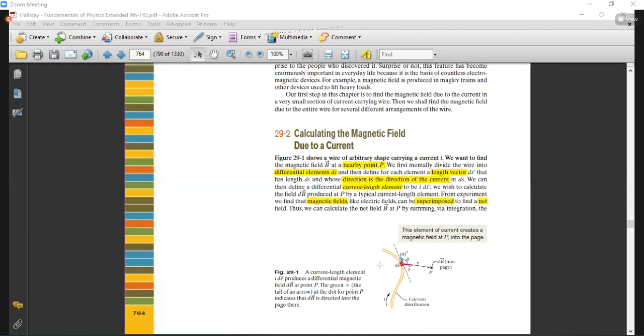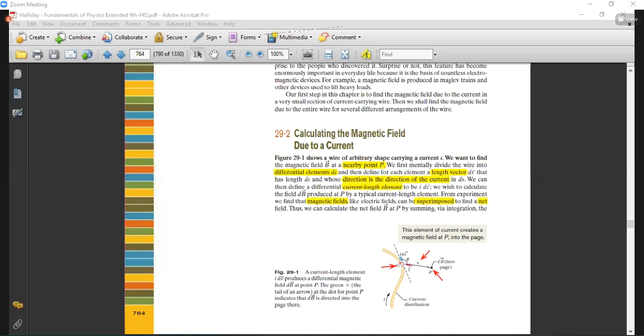This red wire is a small element of the wire, which has a length of ds, and it means that we will cut the whole wire into these small elements. For time's sake, we will find out the magnetic field at a point P, which is located at a distance r from this ds element.